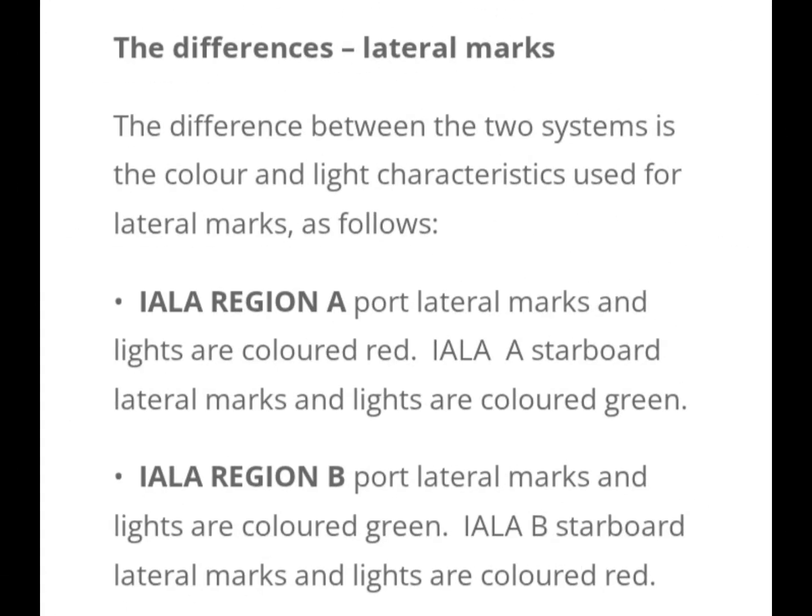The difference between the two systems is the color and light characteristic used for lateral marks as follows. IALA Region A: port lateral marks and lights are colored red, and starboard lateral marks and lights are colored green. IALA Region B: port lateral marks and lights are colored green, and starboard lateral marks and lights are colored red.